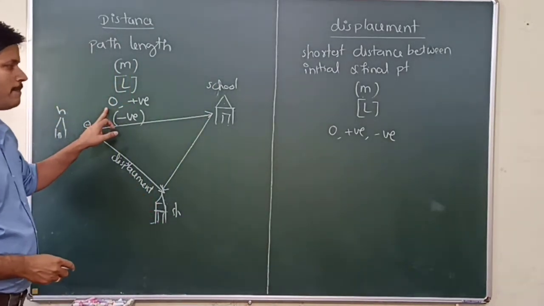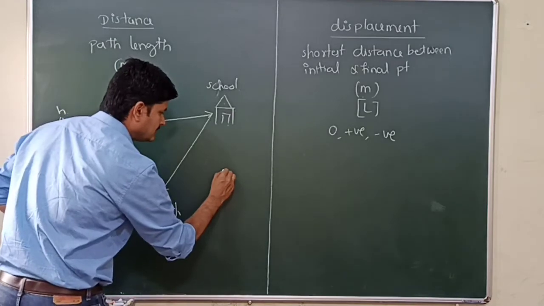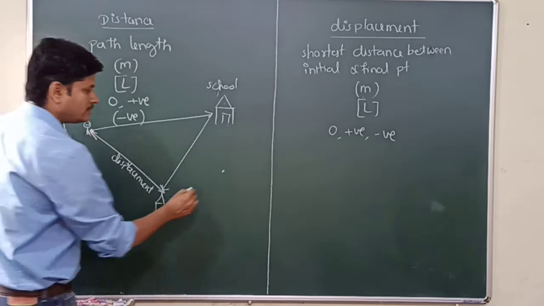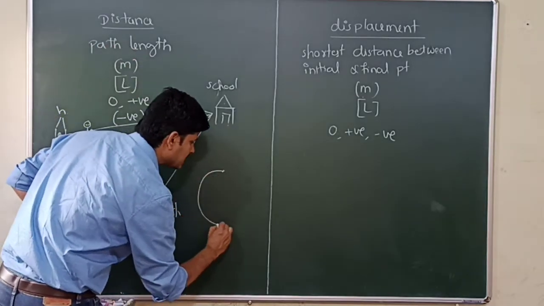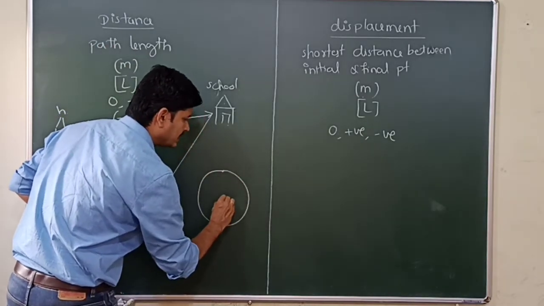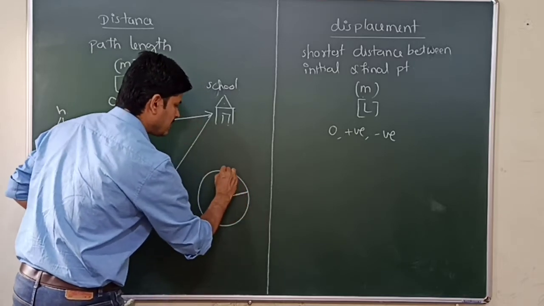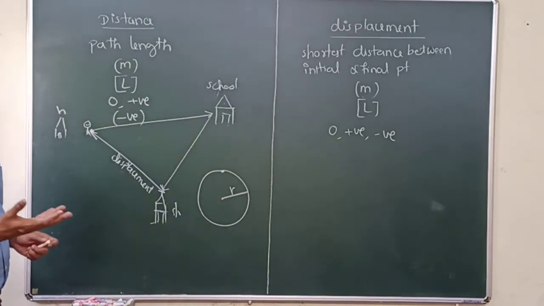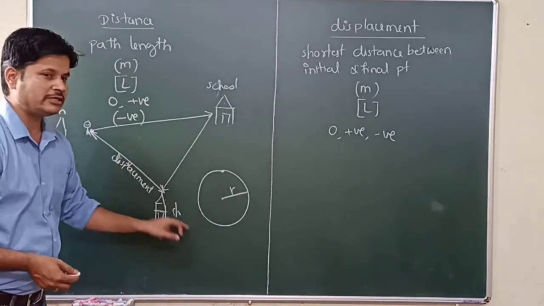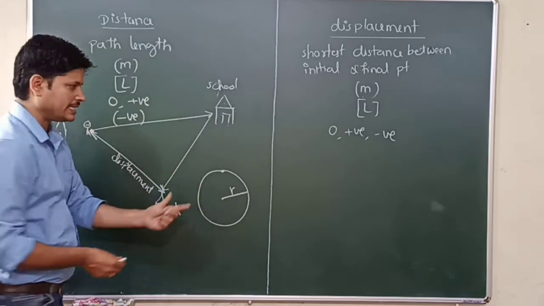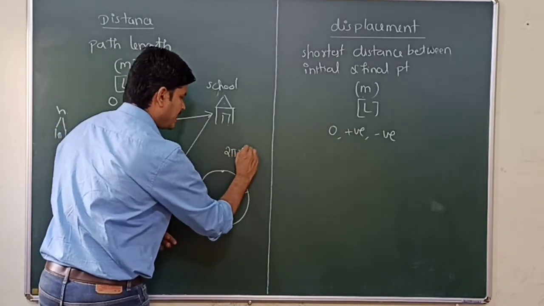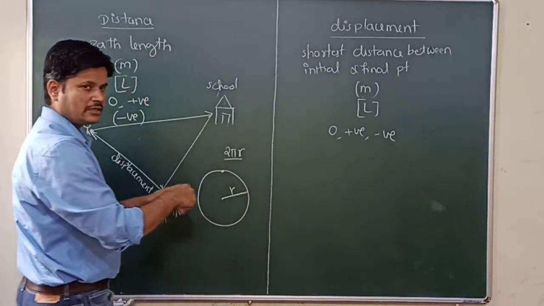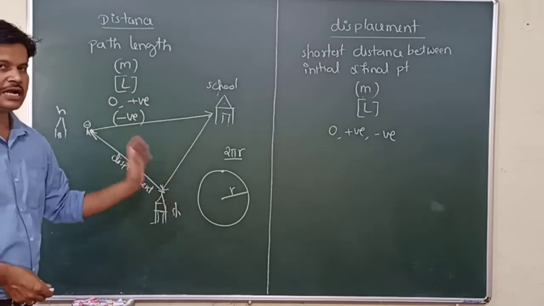Now see here, path length. If the person starts from this point and travels through a circle of radius r, the total path length traveled is 2 pi r. 2 pi r is the circumference of the circle through which this person has traveled.